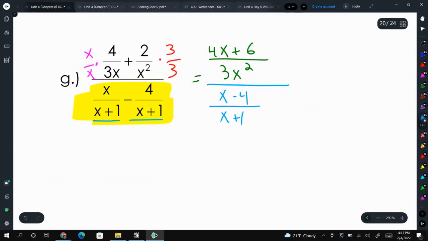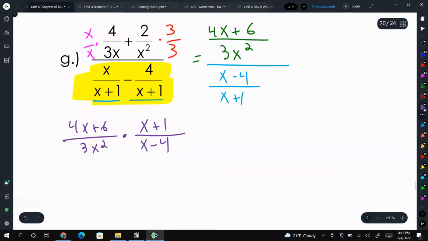Because they have the same denominator, I can make it one fraction. That's going to lead me to 4x plus 6 over 3x squared times x plus 1 over x minus 4. Now I can factor out a 2.